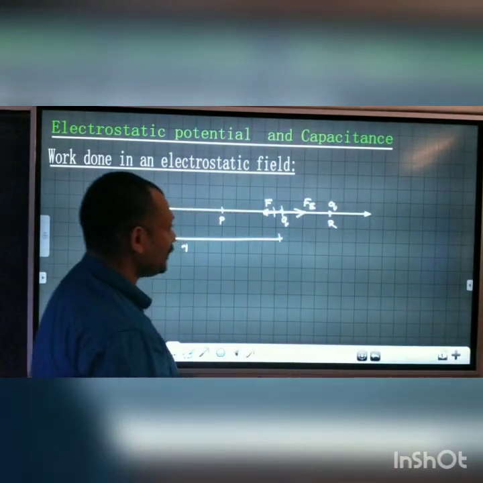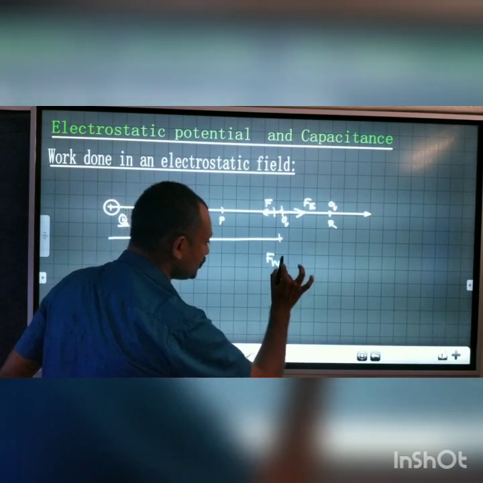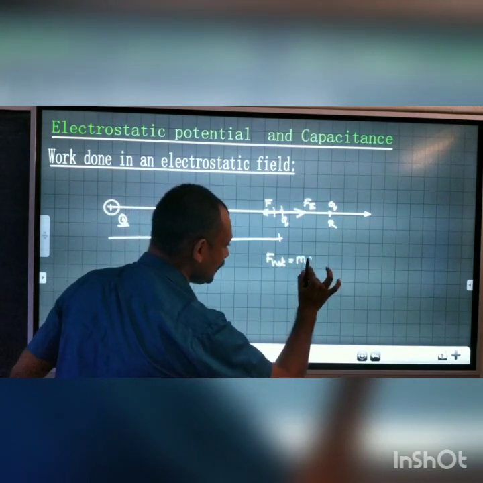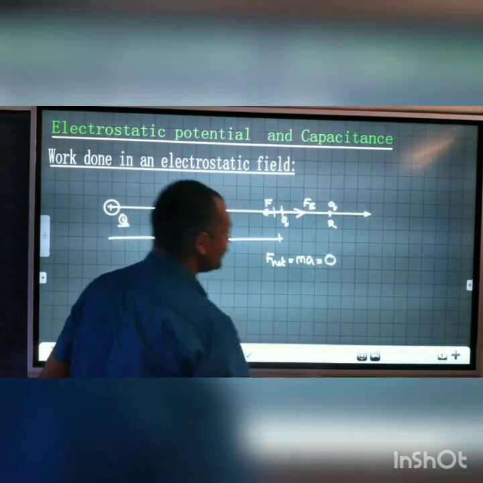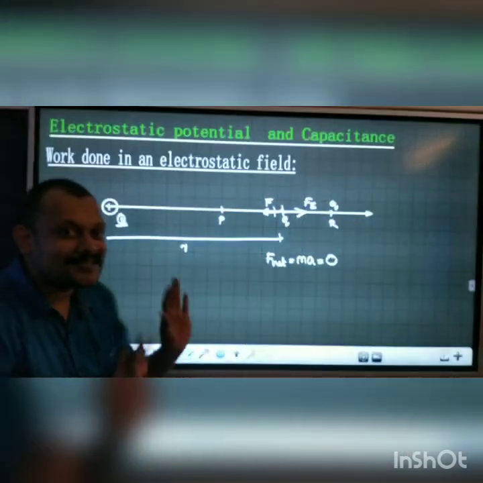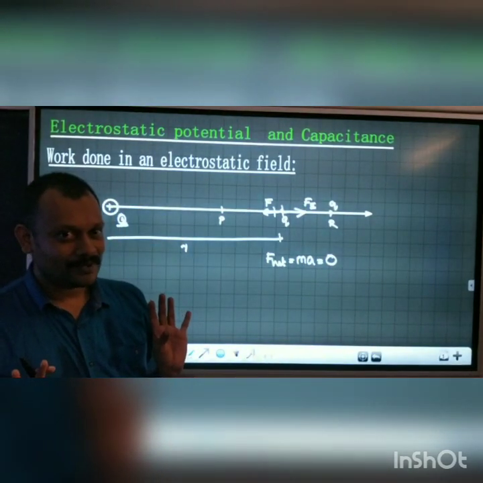So what does that mean? Acceleration is not imparted means the net force, which is equal to ma, is equal to how much? That is equal to 0. Hope it is clear to you. Net force is equal to 0.